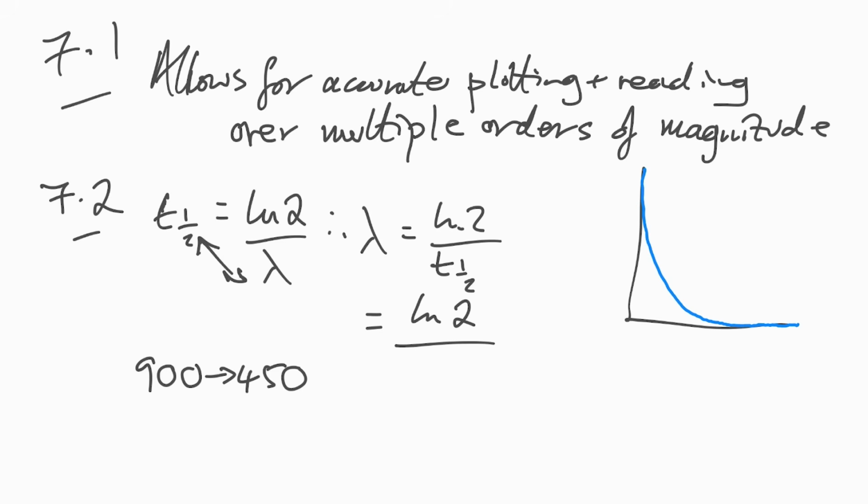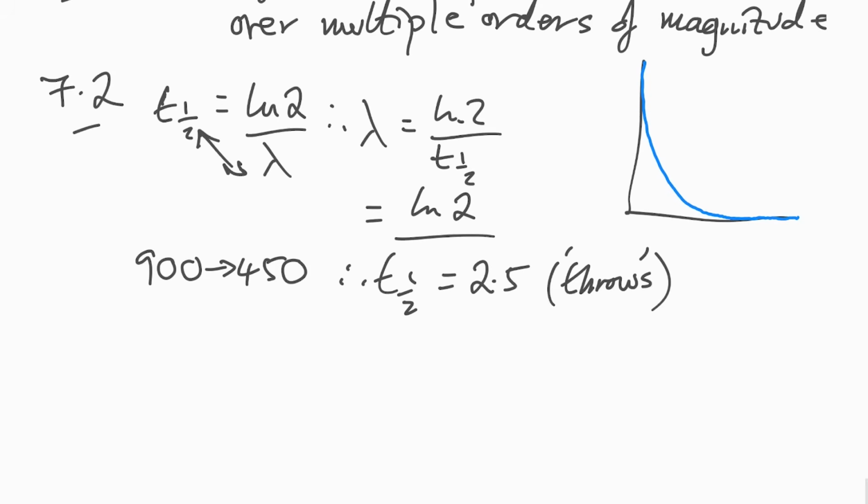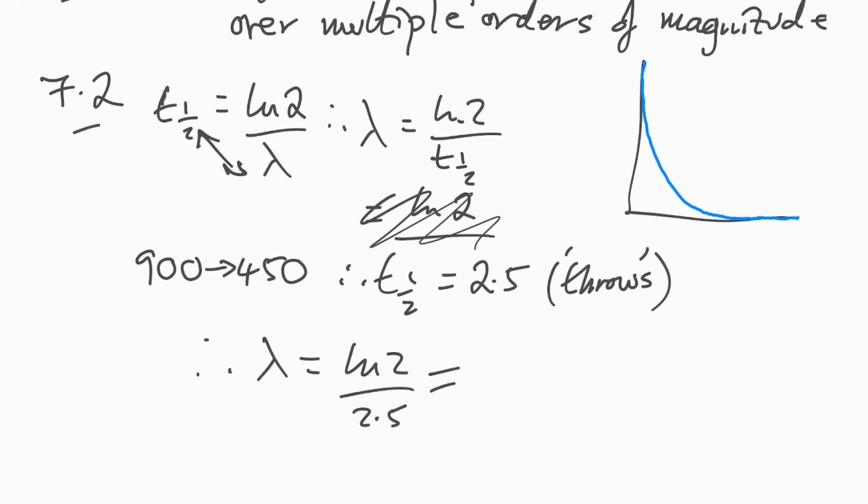So I think it's safe to say that that's something like 2.5. And it's not seconds, it's throws, isn't it? But there we go, that's our time unit here. Our time unit is in throws. Cool. So therefore, lambda is equal to ln 2 over 2.5. And that gives us 0.277.